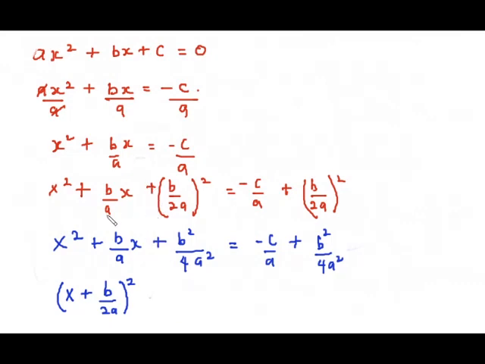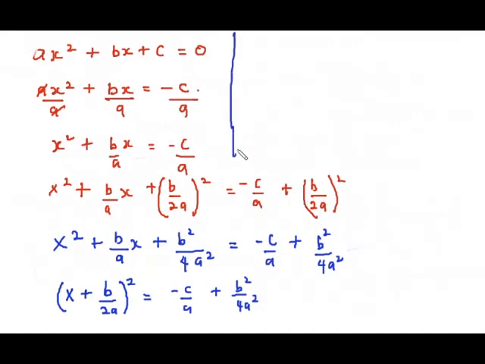A simple tip from here is to pick the x value from this equation and then divide the coefficient of the x, the linear term here, by 2 and then square it to give you the brackets. So that's just an easy way of doing it. Now this is equal to negative c over a plus b squared over 4a squared.